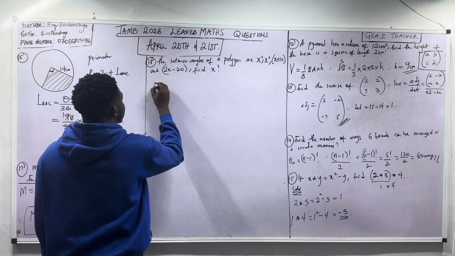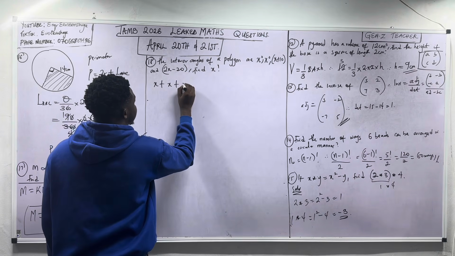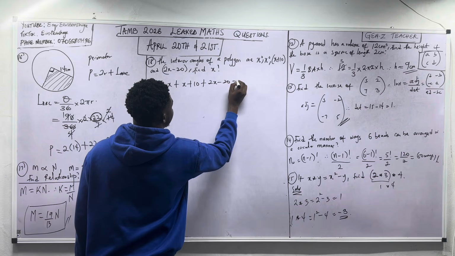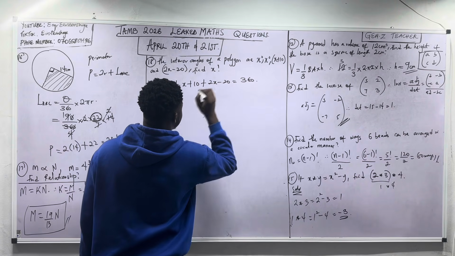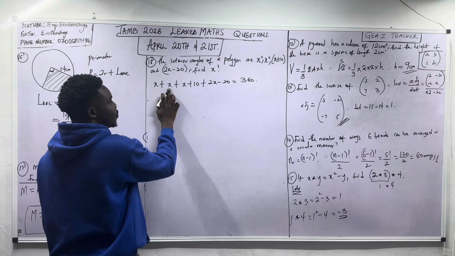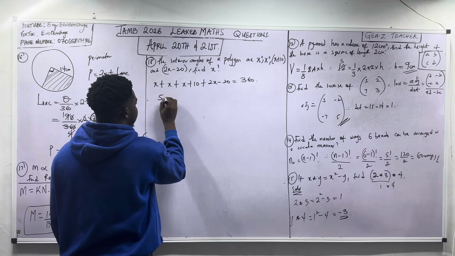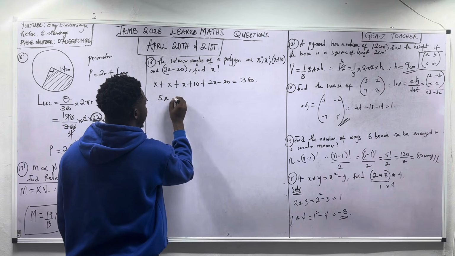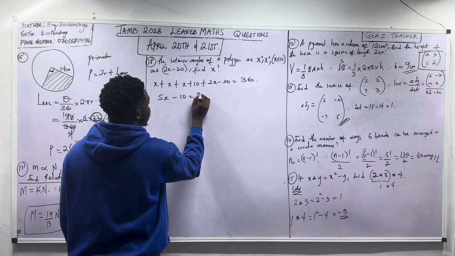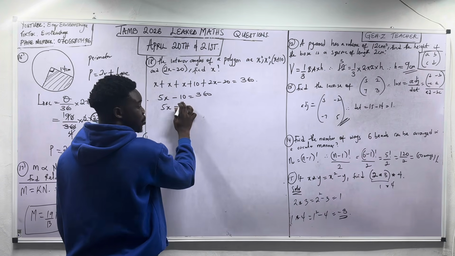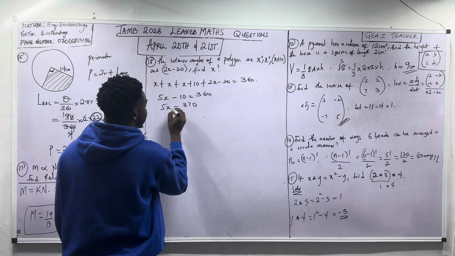So x plus x plus x plus 10 plus 2x minus 20 must be equal to 360. x plus x, that's 2x, plus x, 3x, and then we have 5x's, okay? 10 minus 20 is minus 10, equals 360. So quickly, 5x equals 360 plus 10, that's 370.